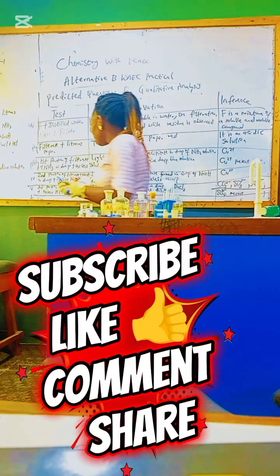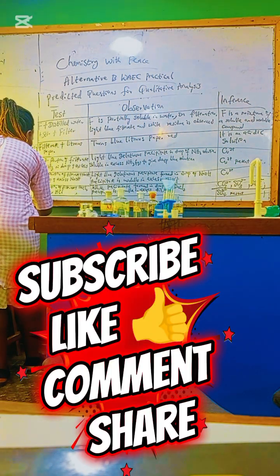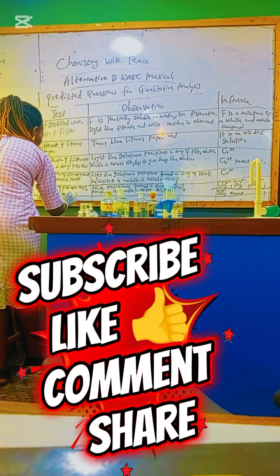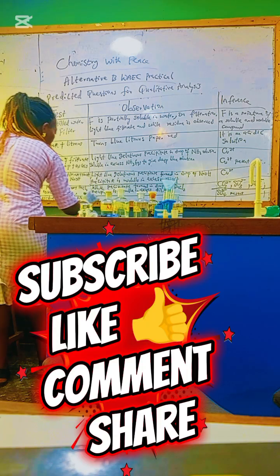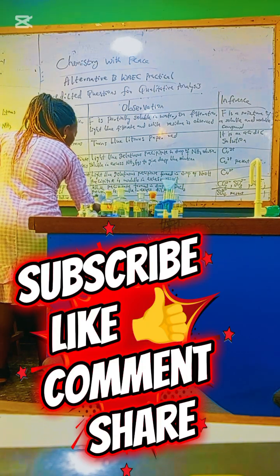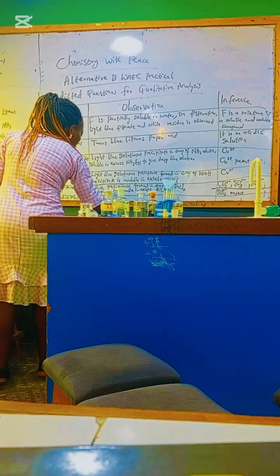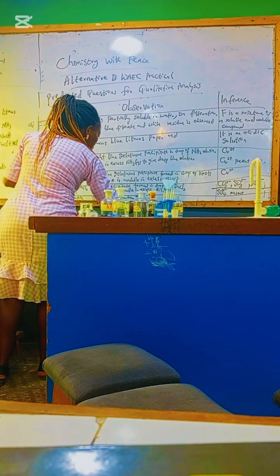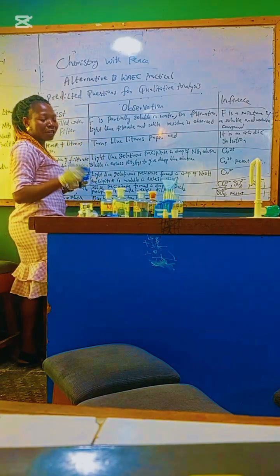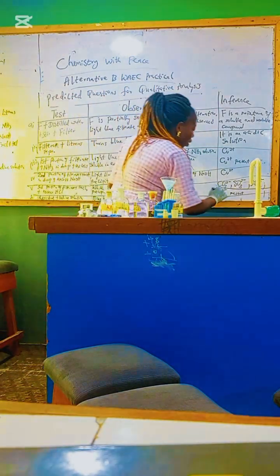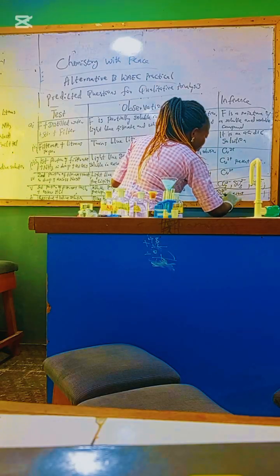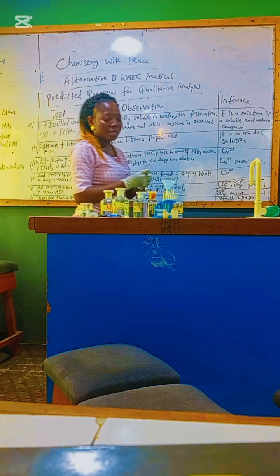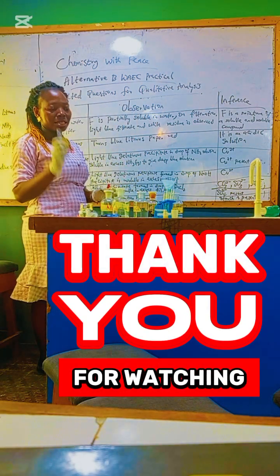So you are going to write residue plus iodine solution: blue-black coloration is observed. Then under inference, starch is present.